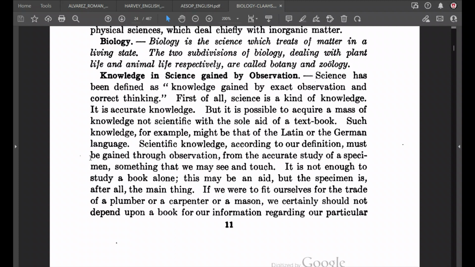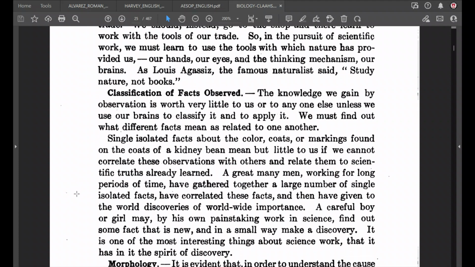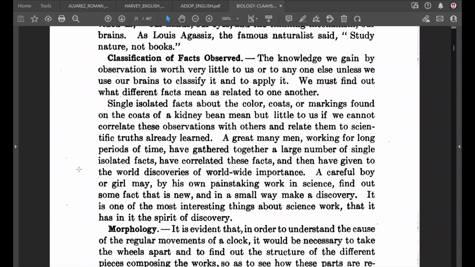And in the next paragraph, we studied what I just discussed, that scientific knowledge is gained by exact observation and correct thinking, but correct thinking about material things, things that can be observed and knowledge that can be demonstrated, not just theories. And then the last thing we talked about in our first lesson was that true scientific study has to deal with observation and experimentation.